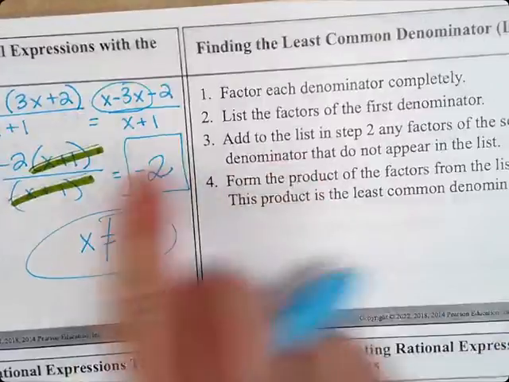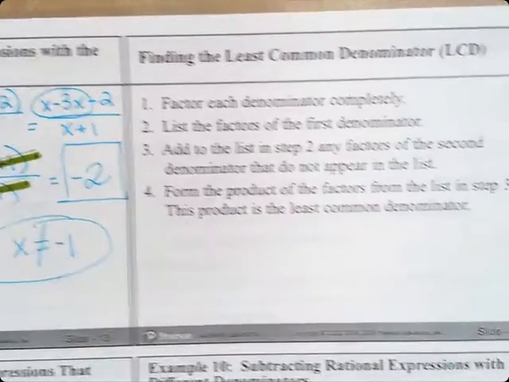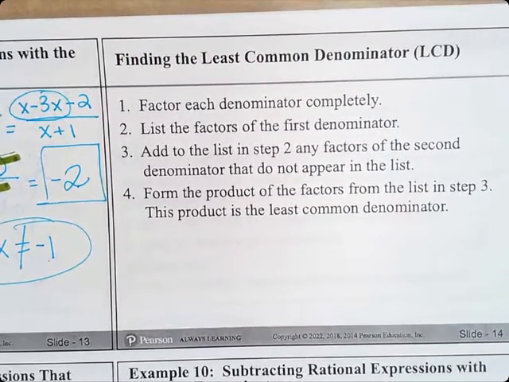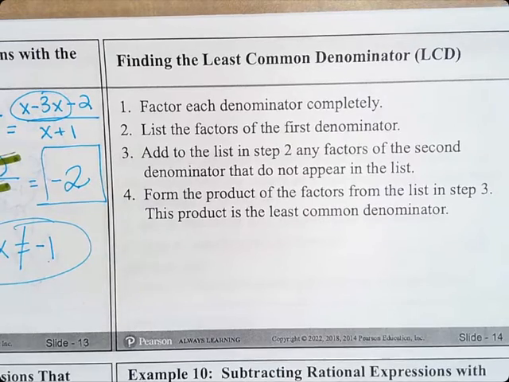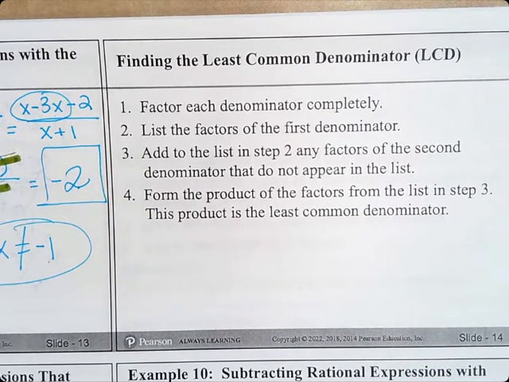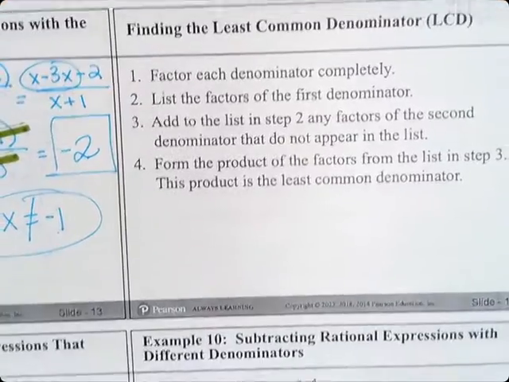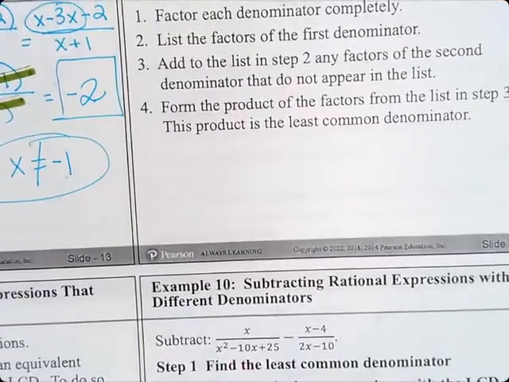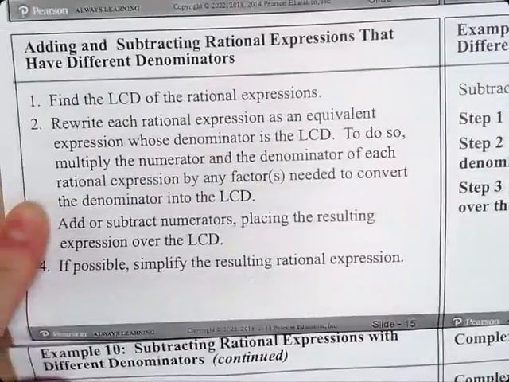Okay, the next part is where we don't have common denominators in our fractions. So we'll have to find our common denominators and then follow the steps of adding or subtracting. So we'll find our least common denominator. So let's go on down. Here are the instructions.